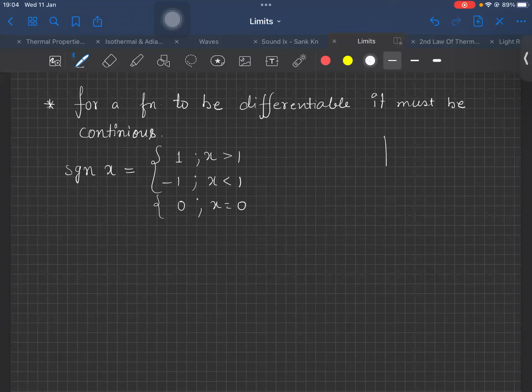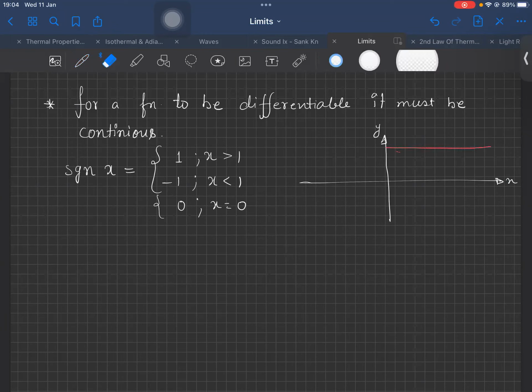If you plot this curve on x, y axes, this is your signum function.